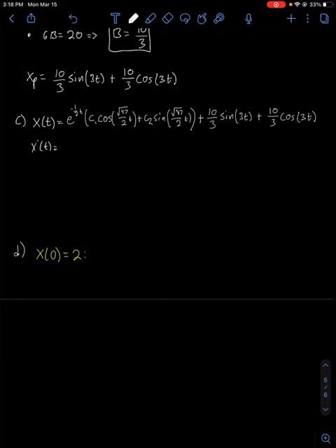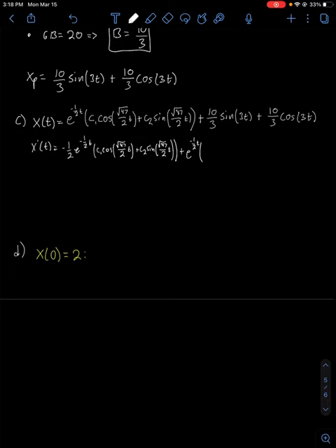So the derivative of the first is going to be negative 1/2 e to the negative 1/2 t times c1 cosine root 47 over 2t plus c2 sine root 47 over 2t, plus the first times the derivative of the inside, which is e to the negative 1/2 t times the derivative of the inside, which is going to be a chain rule.